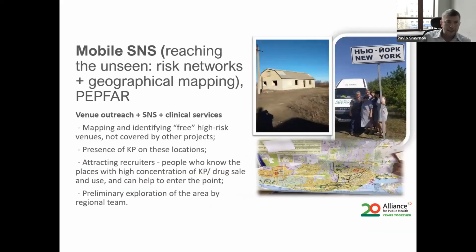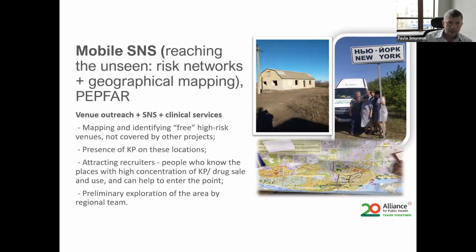Next slide. Here it's even more advanced. We not only use social network strategy on stationary points. We have noticed that there are some areas not covered at all, particularly smaller cities or distant districts of the large urban areas where we don't have any stationary points or any services.